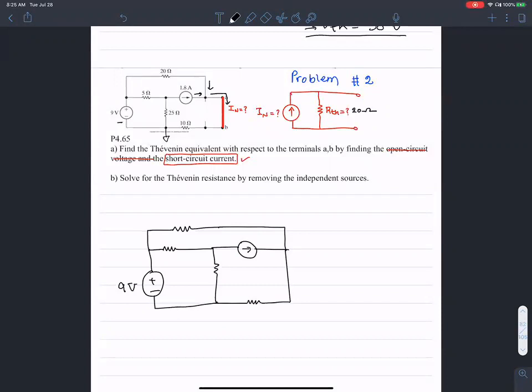I'm interested in finding the current I Norton. So this is 10 ohms, 25 ohms, 5 ohms, and 20 ohms. This is 1.8 amperes.